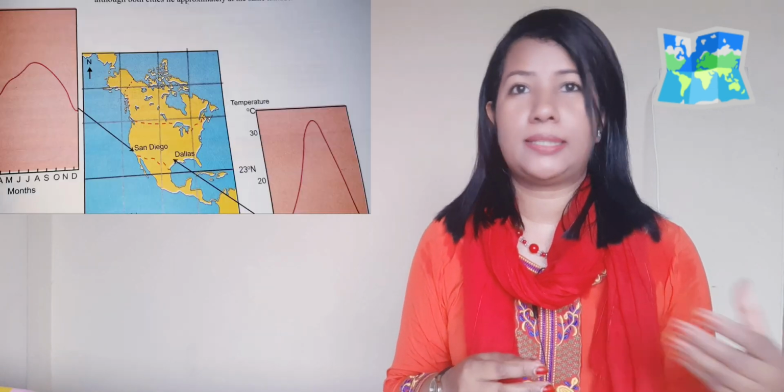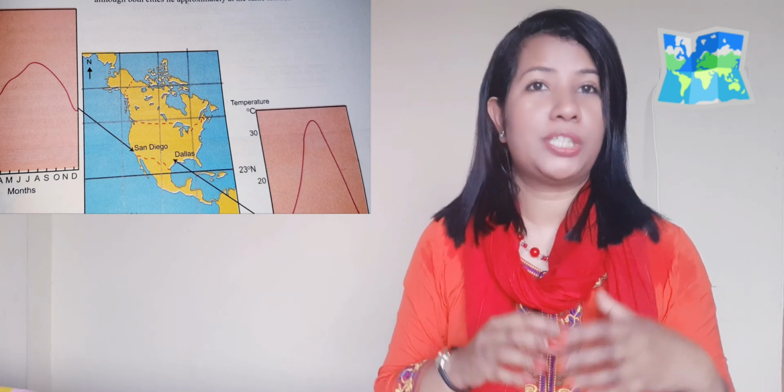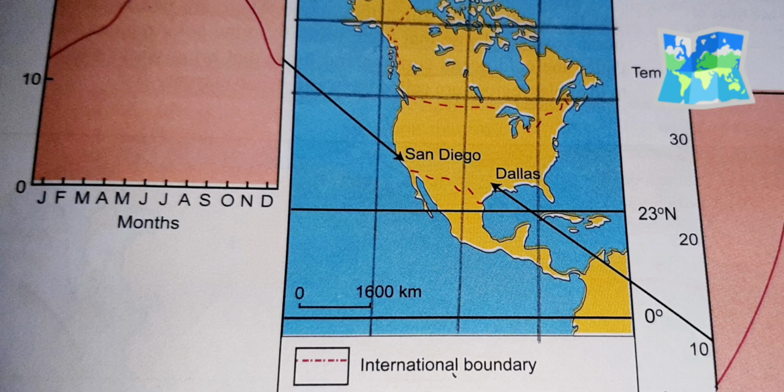For instance, San Diego, which has a coastal location, has a lower summer temperature and a higher winter temperature than Dallas. So why? Both lie at approximately the same latitude.